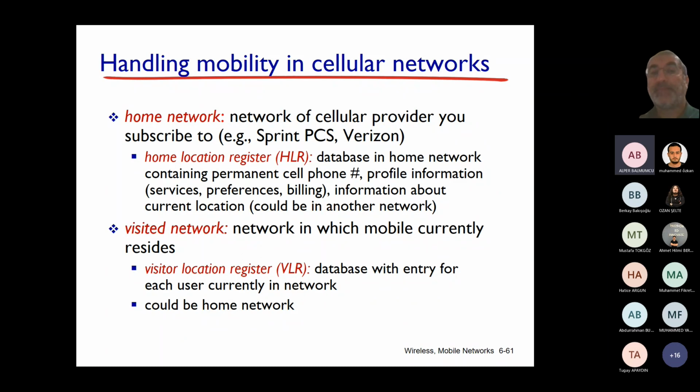This is the database in the home network that contains your personal information, your mobile phone number, your profile information, and so on. The visited network is the network in which the mobile currently resides. In these visited networks, we also have a database which is called the VLR, Visitor Location Register database. This database has an entry for each user currently in the network.